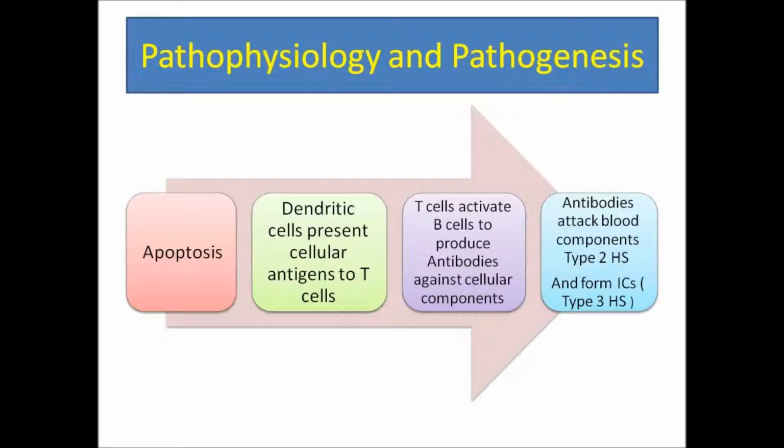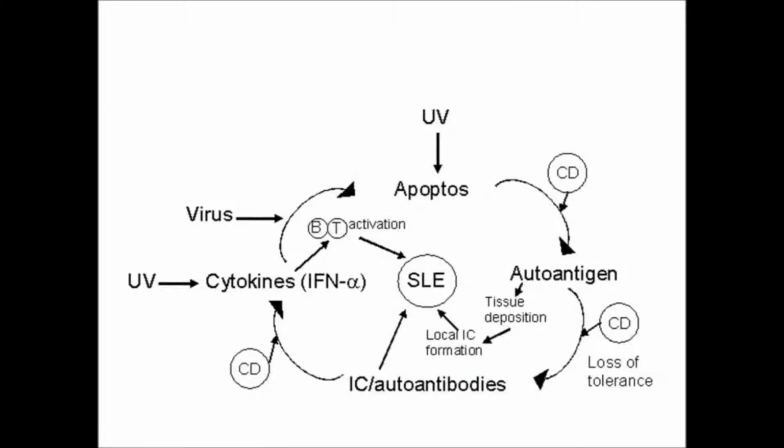Okay, so this picture shows us the pathogenesis in SLE. We can see we have a triggering factor like UV light at the top of the image or virus at the side of the image. This will trigger apoptosis. Then the apoptosis will lead to cellular antigens. These cellular antigens will be taken by dendritic cells because there is complement deficiency.